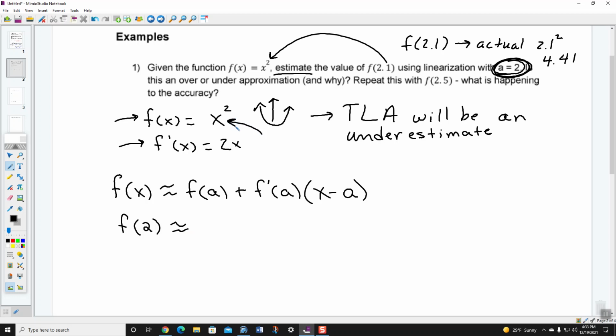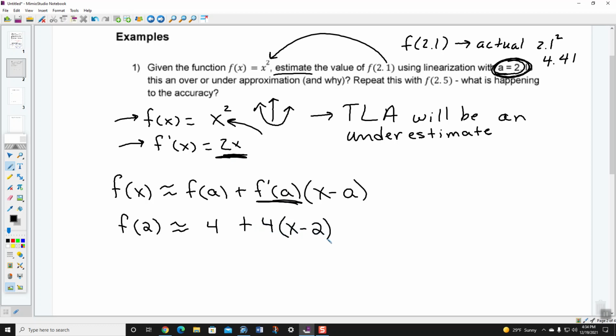So 2 squared, my friends, for f of 2 would be 4. Plus. Okay? Next thing we need to do is evaluate f prime of 2 right here. Well, guys, we know the derivative is 2x, so if I plug 2 in for x right there, 2 times 2 is 4. And then we have this quantity, x minus that a value of 2.